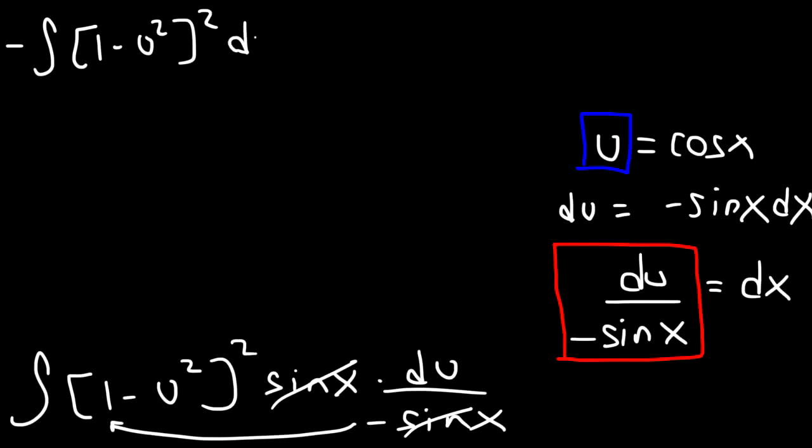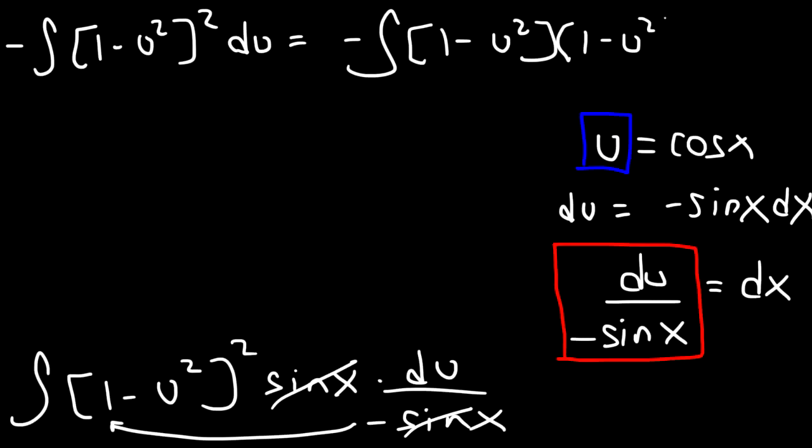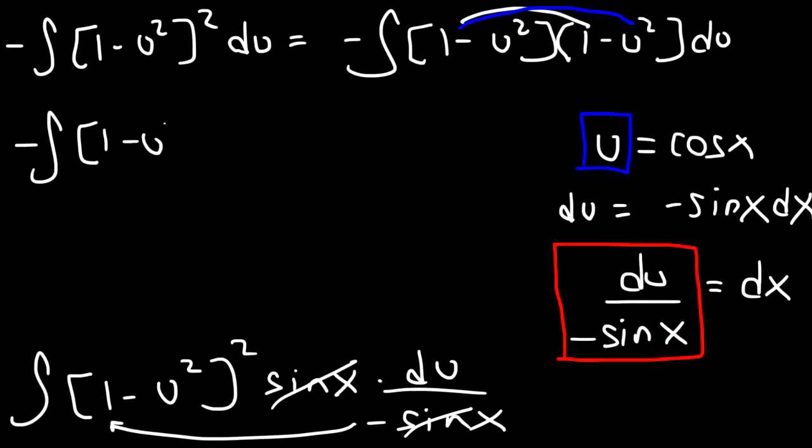Now what we need to do is FOIL. But first I'm going to write the expanded form of this integral. So we have 1 times 1, which is just 1, and then it's going to be 1 times negative u squared, which is just negative u squared.